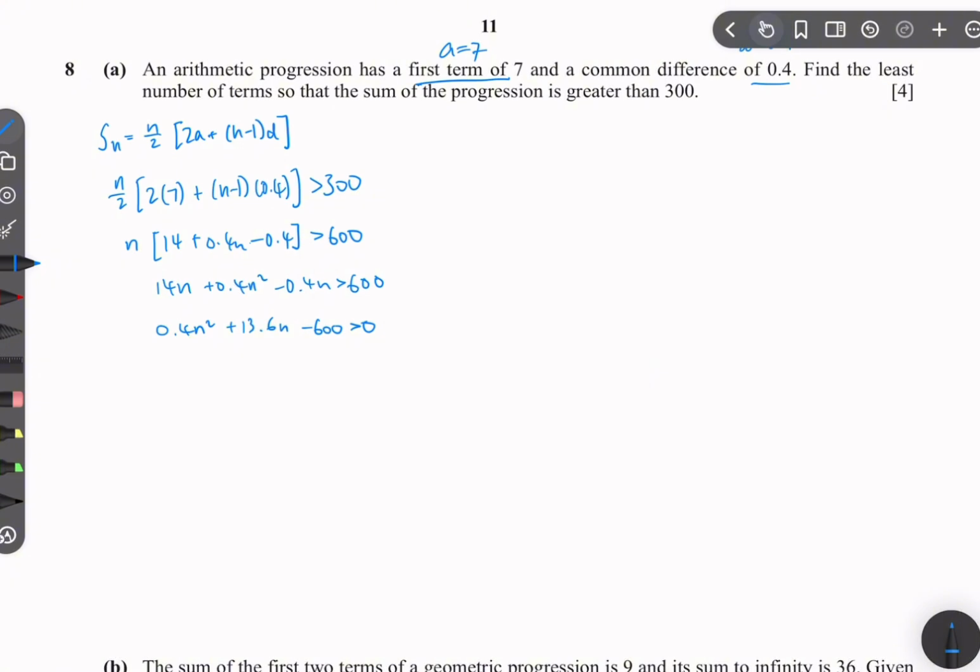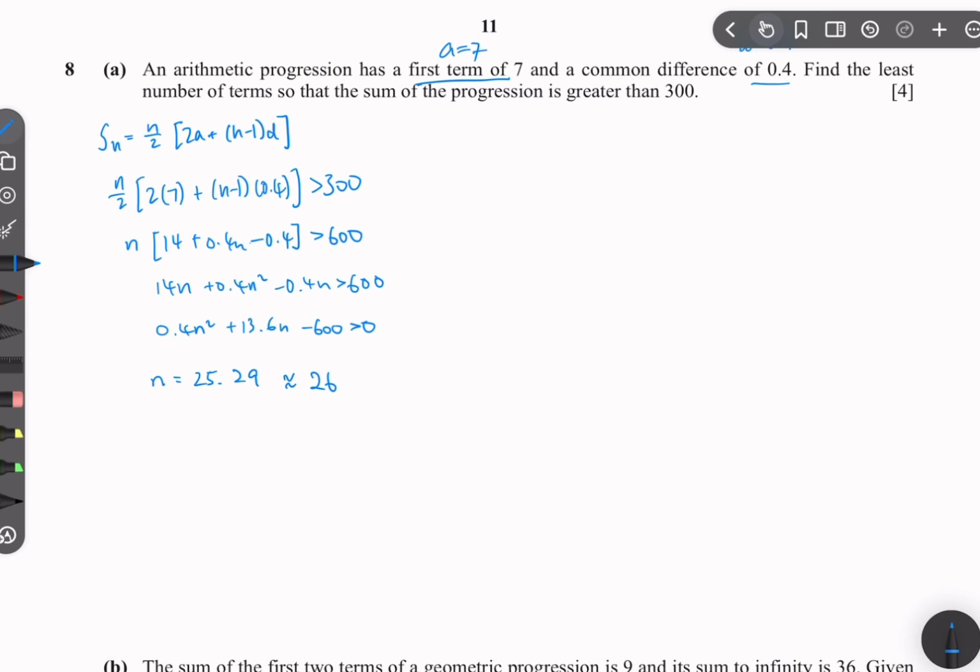This is a quadratic. Just use the quadratic formula and n should be equal to 25.29. And we can round this up to get 26. So n will be 26, and 26 will be the least number of terms so that the sum of the progression is greater than 300.